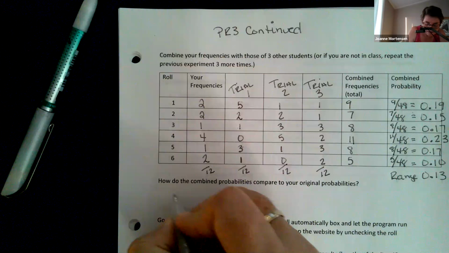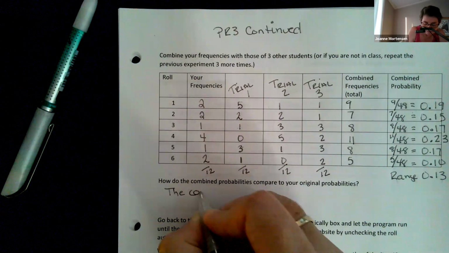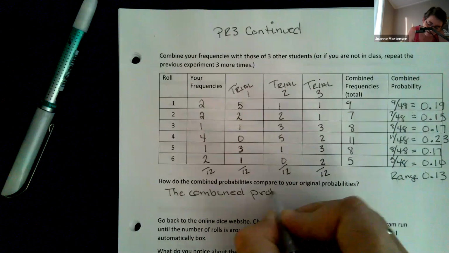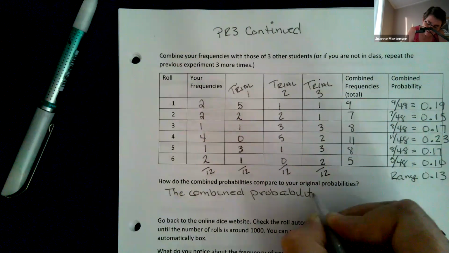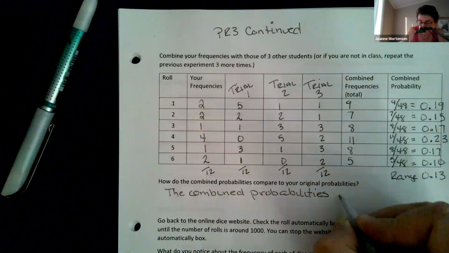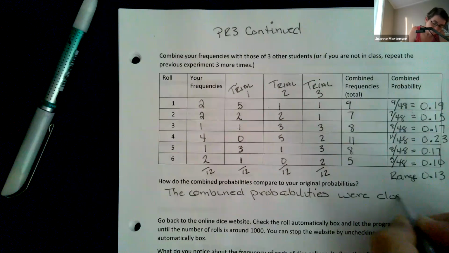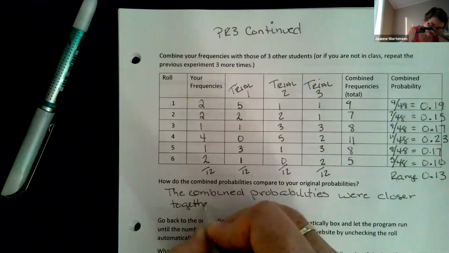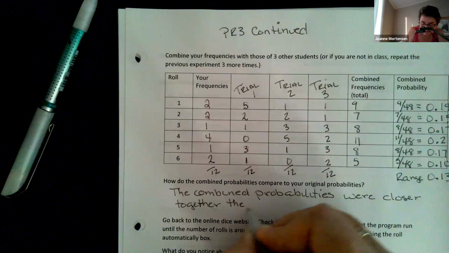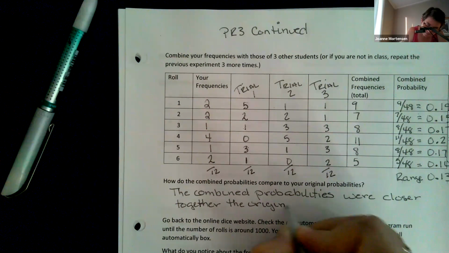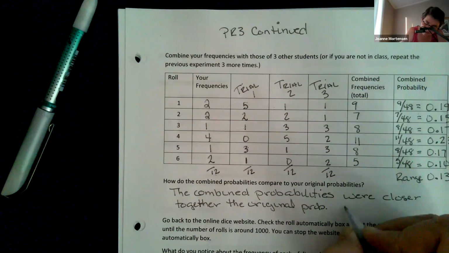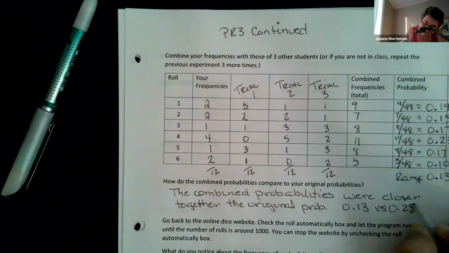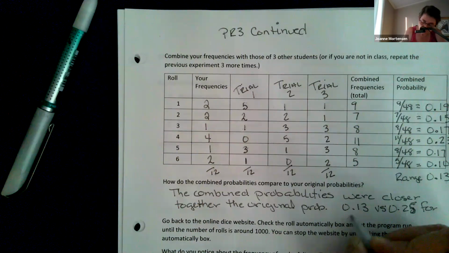The combined probabilities are closer together than the original. 0.13 versus 0.25. Oopsies. Poor range. Okay.